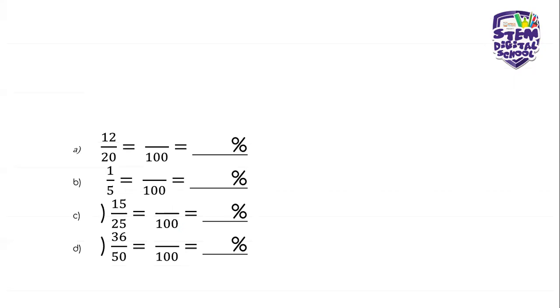Look at the denominator in 12/20, the denominator is 20. Now, what is that number that you use to convert 20 into 100? In other words, what number will you multiply 20 with in order to get 100?